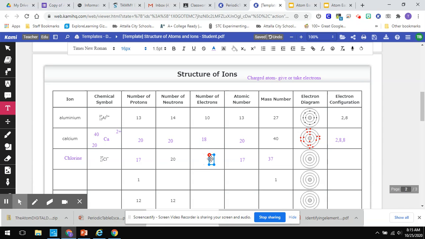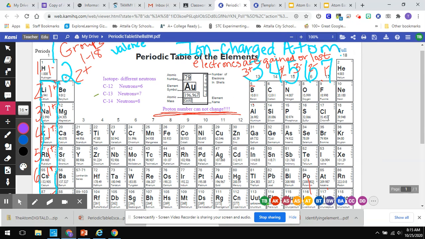And electrons. So for this one, if it has a minus charge, what that means is that it took an electron. So if we go look at the periodic table where chlorine is, it's in group 7 or group 17. And at group 17, it has 7 valence electrons, so it only needs 1 electron to get full. So it's going to end up taking an electron.